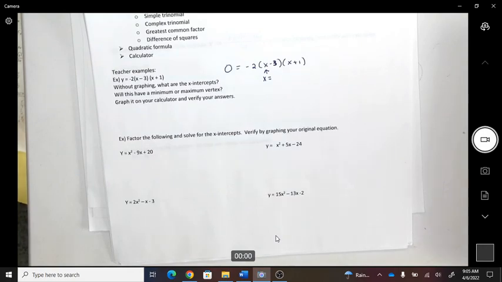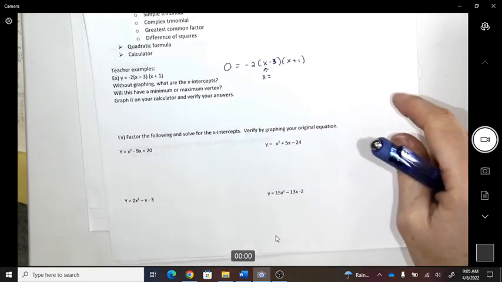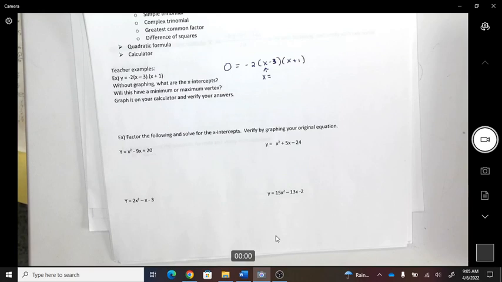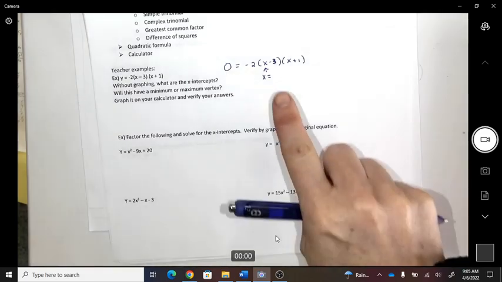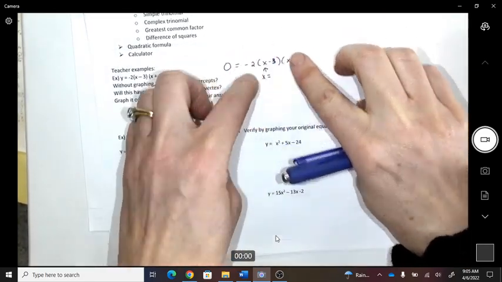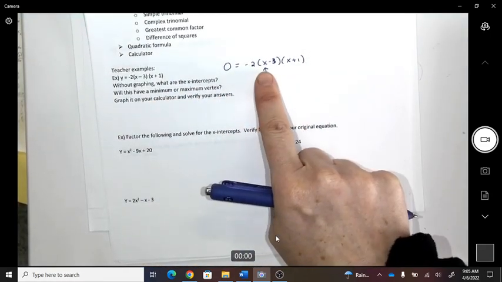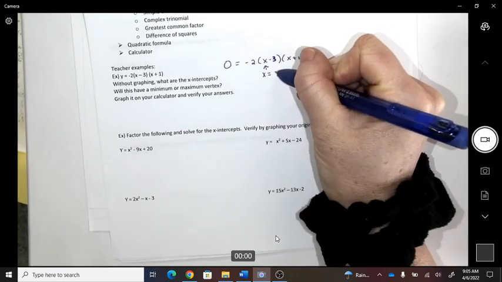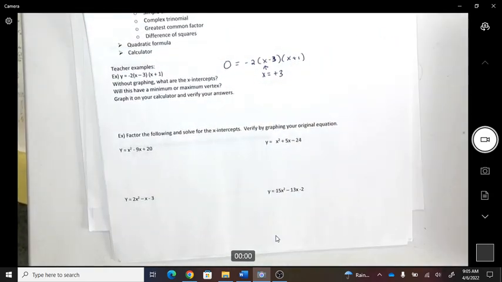Okay, so I want you to think about this. This is something times something times something. In multiplication, how do you ever get an answer of 0? If something is 0 when you're multiplying? So what if I wanted this number, this bracket, to be 0? What would x have to be? Positive 3. Because 3 subtract 3 is 0.